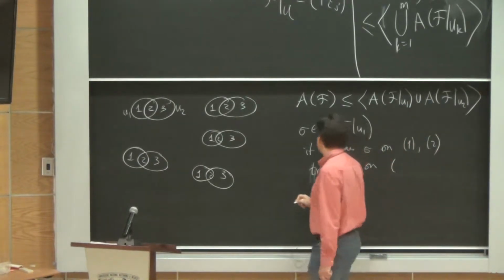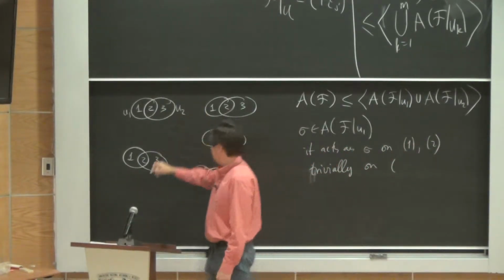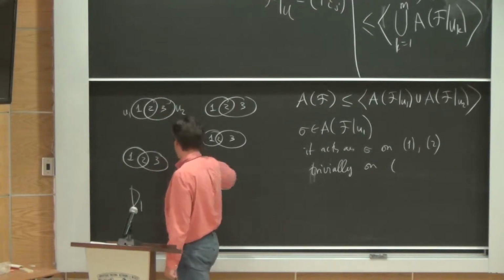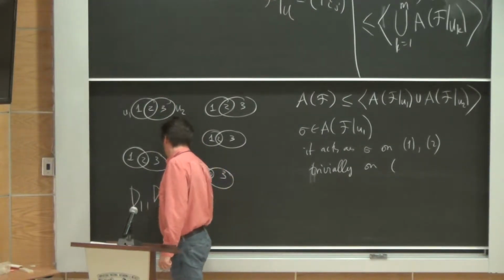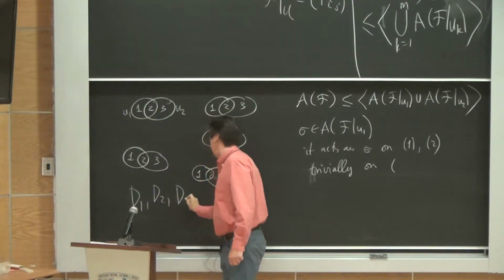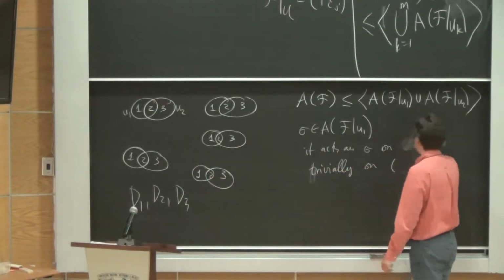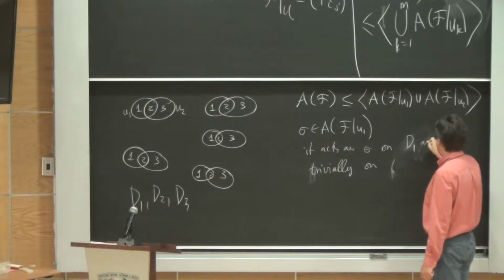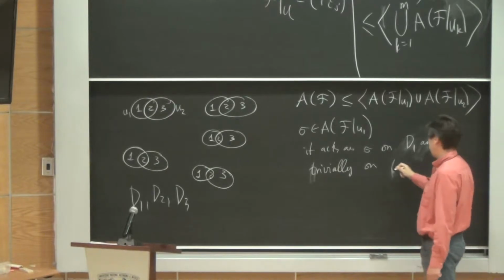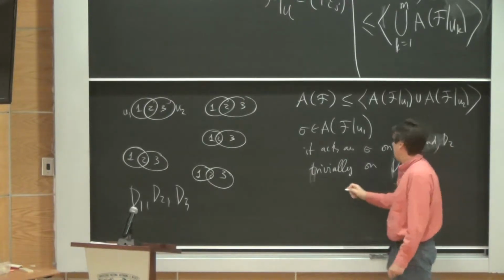Let's call the union of pieces number 1 D_1, the union of pieces number 2 D_2, and the union of pieces number 3 D_3. So it acts as sigma on D_1 and D_2, and acts trivially on D_3.